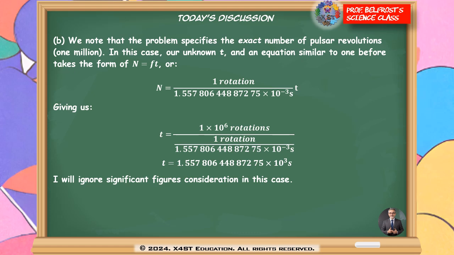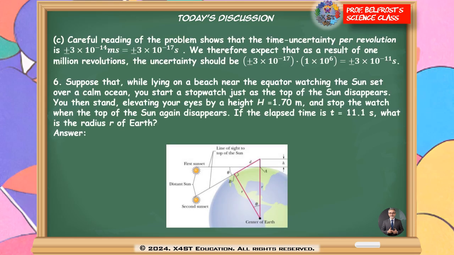Okay, so C. I told you before that you need to pay attention to the sentence that I underlined, because the problem states that the time uncertainty per revolution is actually not plus or minus 3 milliseconds, but plus or minus 3 relative to the last decimal place, which is 3 times 10 to the minus 14 milliseconds.